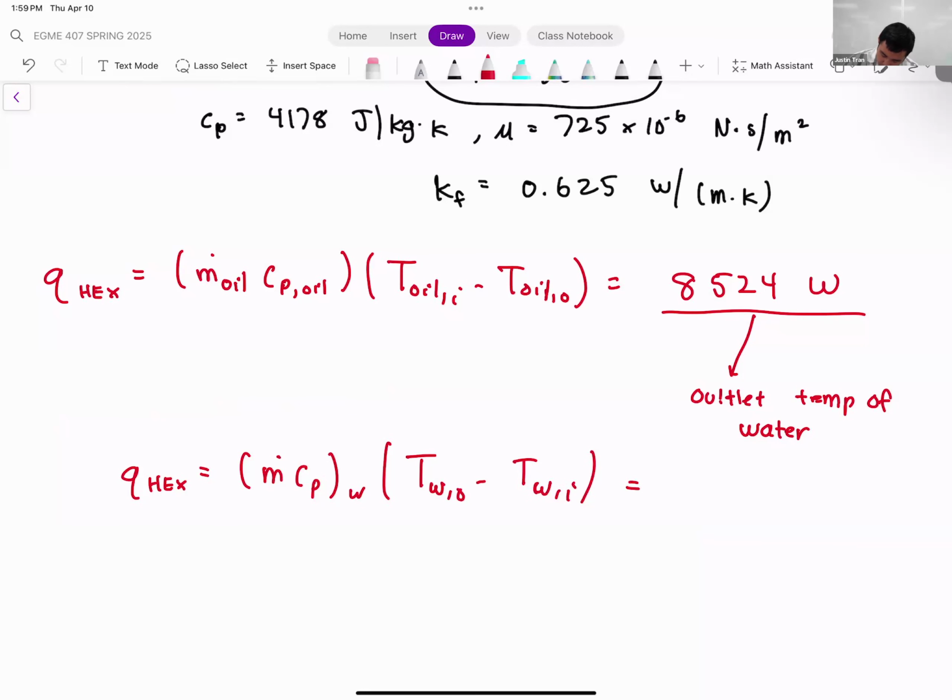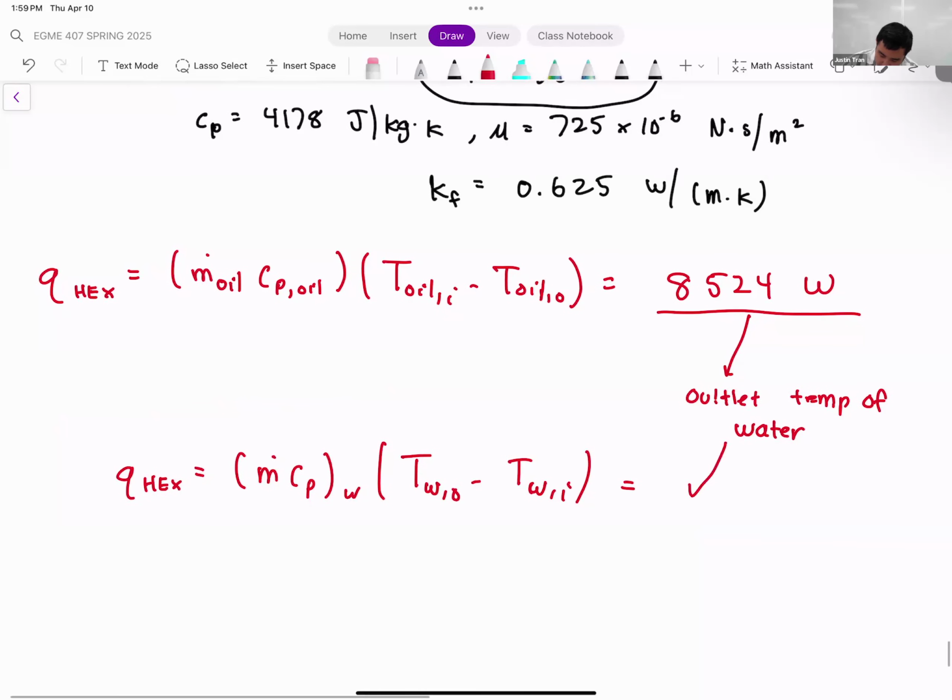So that's going to be the same thing. It's a little bit of algebra here: you divide by m dot CP of the water and add in the inlet temperature of the water. What you get from this is that the temperature of the water at its outlet is equal to 40.2 degrees C.